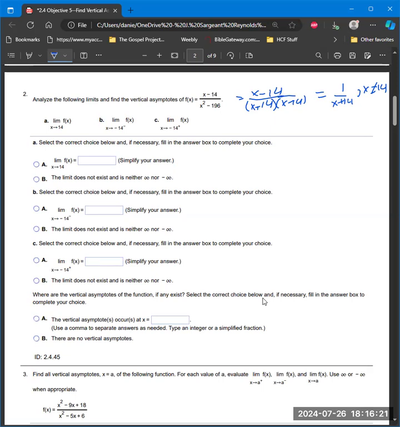So as I get close to 14, I get 1 over 28. I'll just answer that as 1 over 28. As I get close to -14 from the left, I'm going to get close to negative infinity. As I get close to -14 from the right, I'm going to get close to positive infinity. And there's a vertical asymptote at x equals -14.